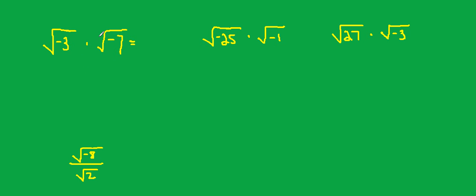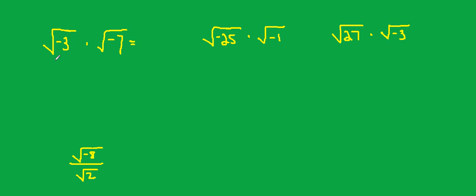So remember, when we're multiplying these, it's not straight out the square root of 3 times the square root of negative 7, or the square root of negative 3 times the square root of negative 7. So I can't do negative 3 times negative 7 to give me the square root of 21. I have to evaluate these first because of our new learning with imaginary numbers.